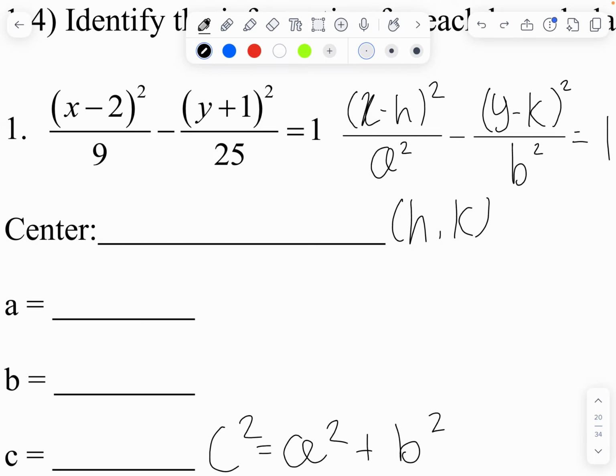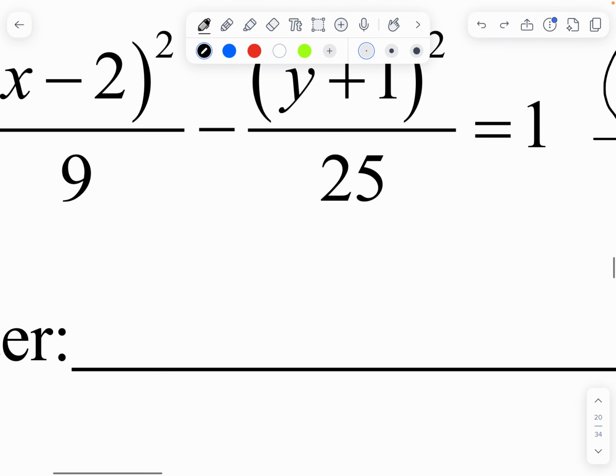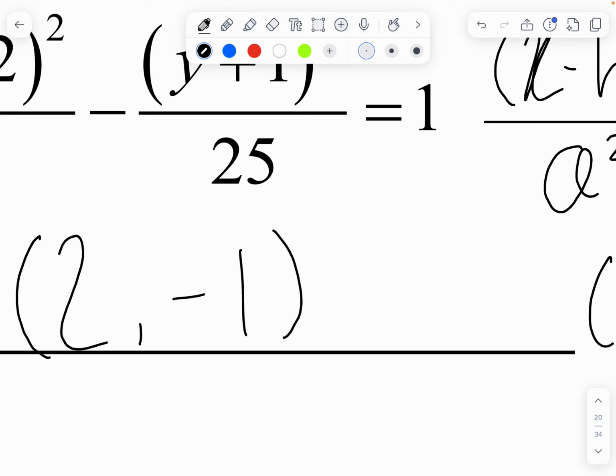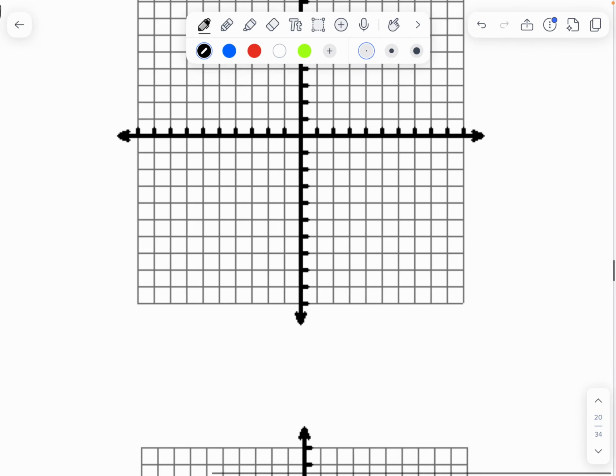For the center, let's look at our equation. We have x minus 2, so this is 2, comma, and then plus 1, so this is negative 1. Okay, we have that, so let's plot that.